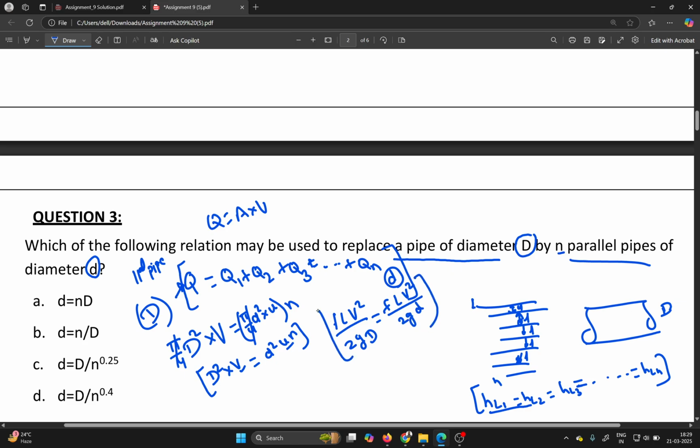Here you can notice one thing: the head loss does not depend on the diameter of the pipe, it depends on the material, on the roughness of the pipe. So if the material is the same, here the assumption is that the material is the same for both, whatever you are going to implement, the capital D pipe and the small d pipe. That is the assumption here.